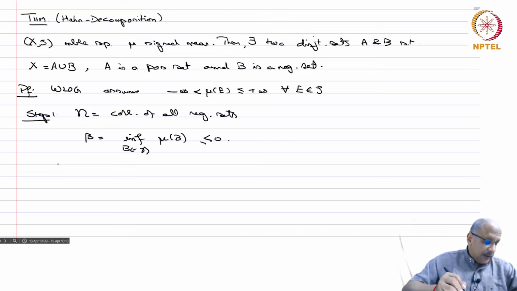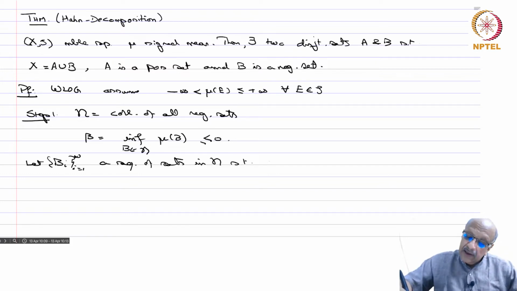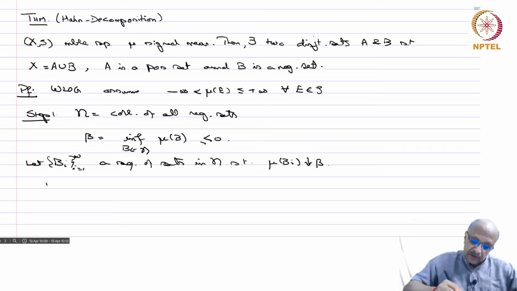Then let B_i, i equals 1 to infinity, be a minimizing sequence, a sequence of sets in N such that mu of B_i decreases to beta. You can always find a minimizing sequence. Let B equal the union over i from 1 to infinity of B_i.